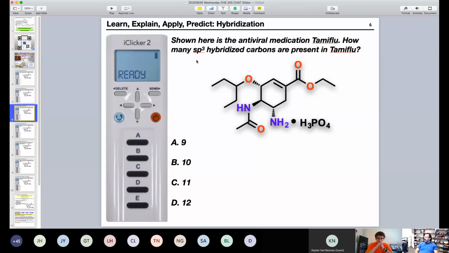So in the response, I see Garima is hedging her bets with a question mark after her response. I appreciate that. The answer is D, as in dog. It is 12.